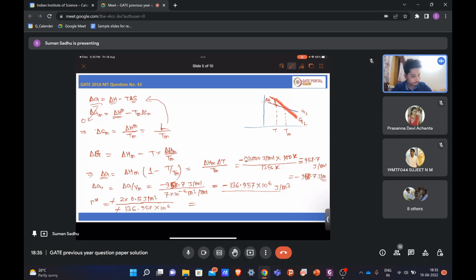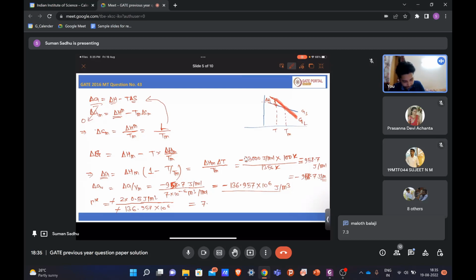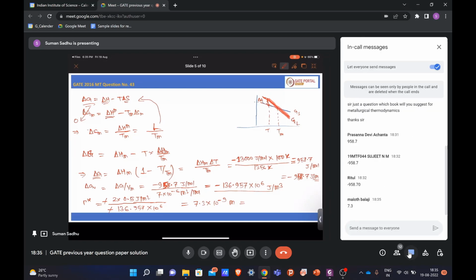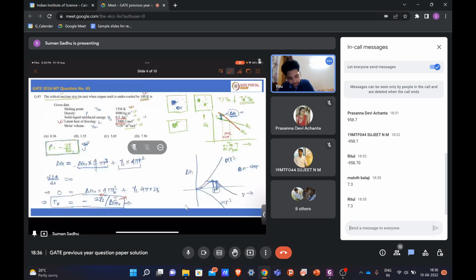Okay, 2 into 0.5 divided by 136.957. Yes. So it is coming 7.3 into 10 to the power minus 9 meter. It is in meter, so it will be 7.3 nanometer. Right. So the correct answer is option D.